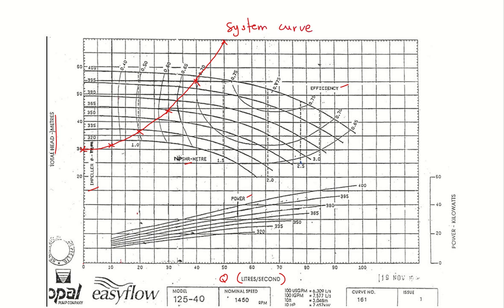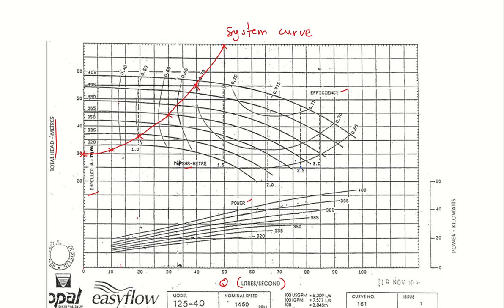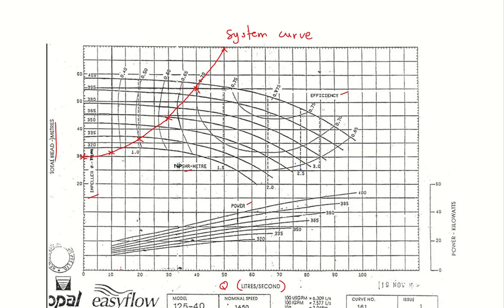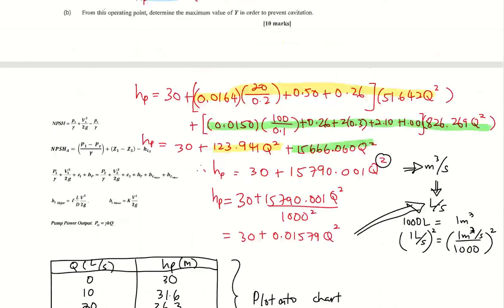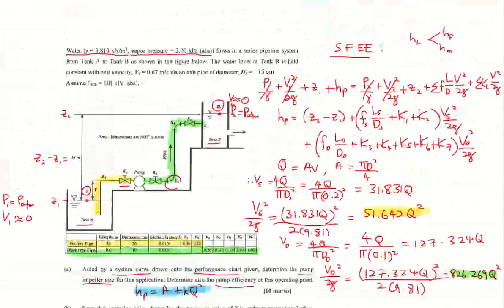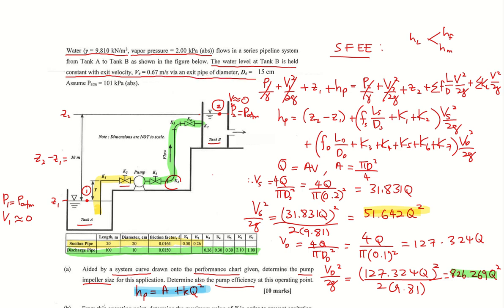So once you have the curve, you need to get the operating point. So how do we get the operating point? For this question, if you look at the main question, it is stated that the water level at tank B is held constant with a velocity of 0.67 meters per second via an exit pipe of diameter 15 centimeters.